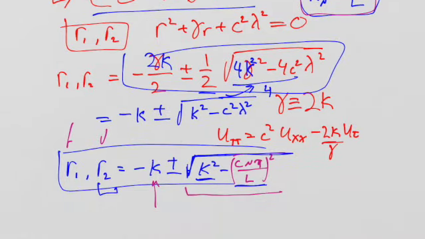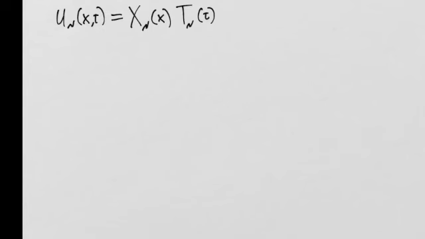Let's sort of summarize what we got. We still know that our solution has been broken up into modes. And the nth mode is going to be the product of the nth, we'll call them harmonic, but we really should change the word. It's not really harmonic anymore, because the word harmonic literally means that it's a member of the harmonic series, well, when you think of it in terms of music at least.